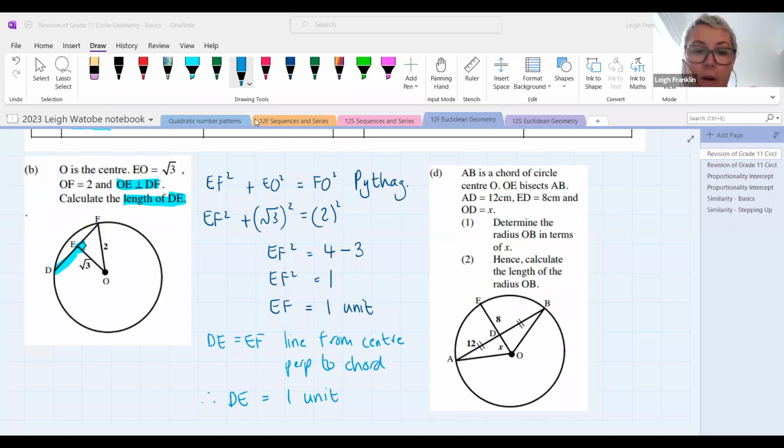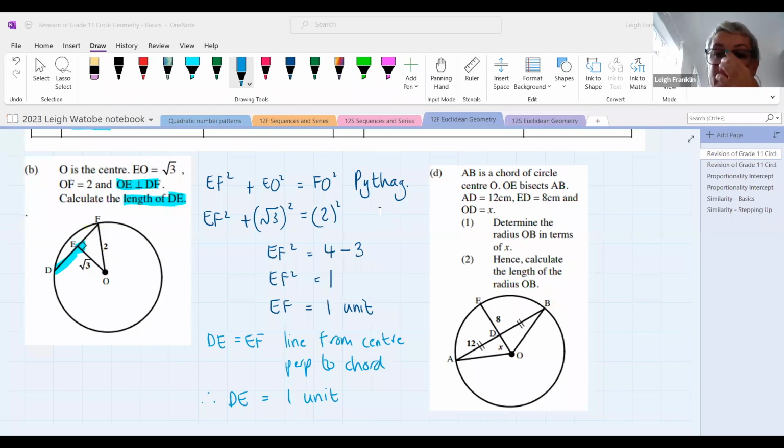Yes, ma'am. I'm just asking because you said we use the theorem of Pythagoras when we look for EF. What if I join the line from O to D and use the theorem of Pythagoras again? Is it going to still give me the same answer?